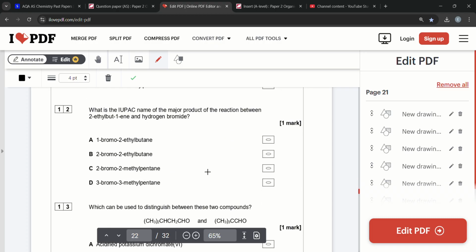What's the IUPAC name of the major product formed between 2-ethylbutene and hydrogen bromide? Methane, ethane, propane, butane, butene, with an ethyl group on the second carbon.